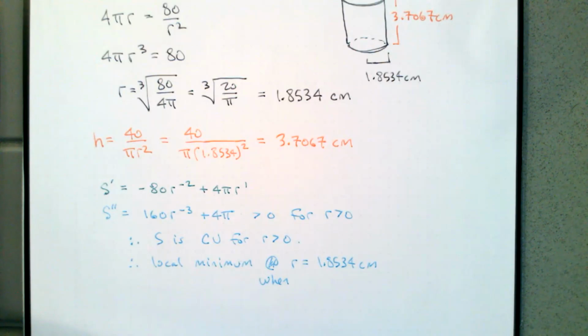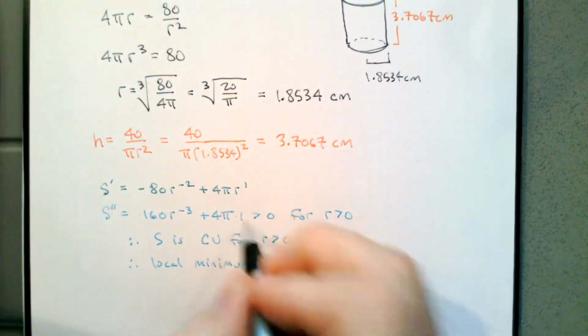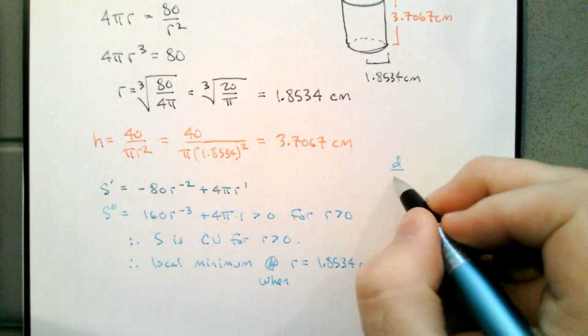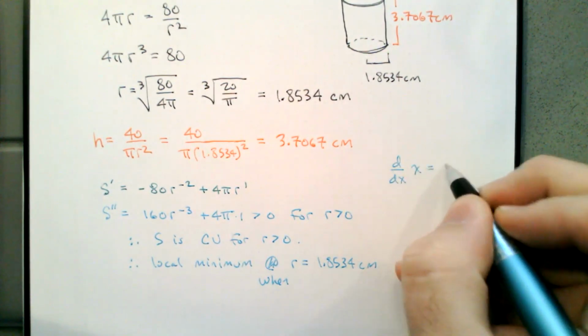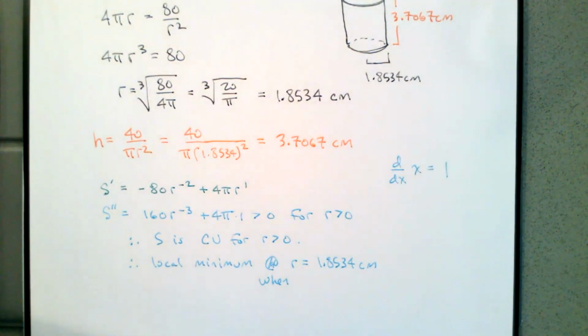Is that what you mean? The derivative of r is 1. It's not just disappearing. The derivative of x is equal to 1, and the pi is still there. Okay, well, I'll look at it again. Thanks, Professor Lich. So the derivative of r is 1. Got it, thank you.